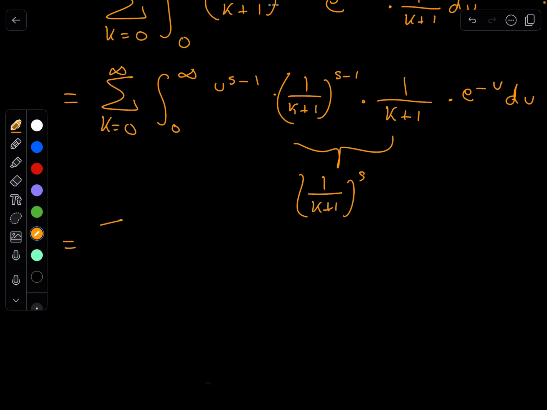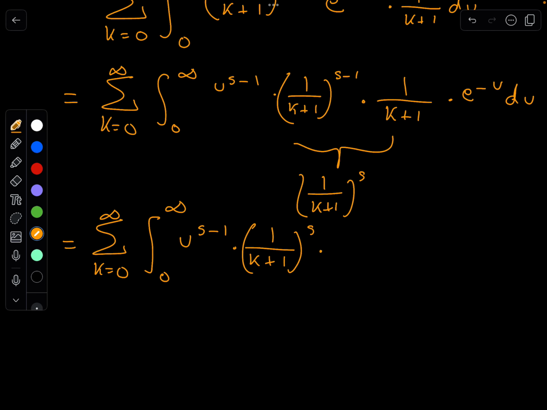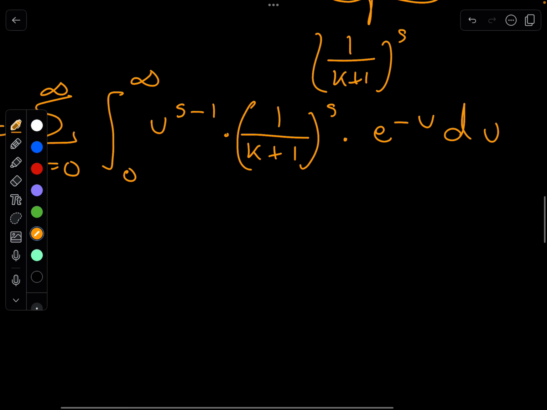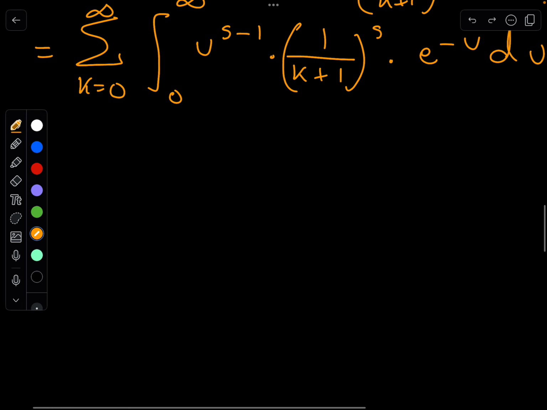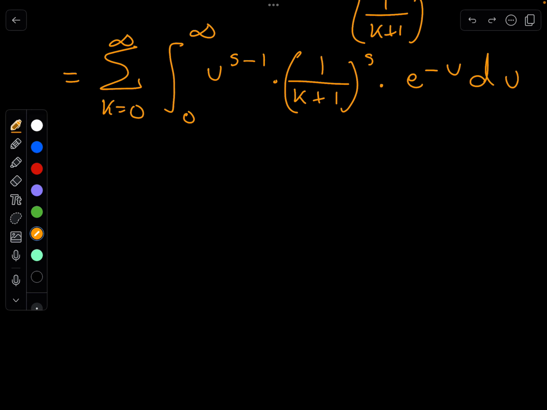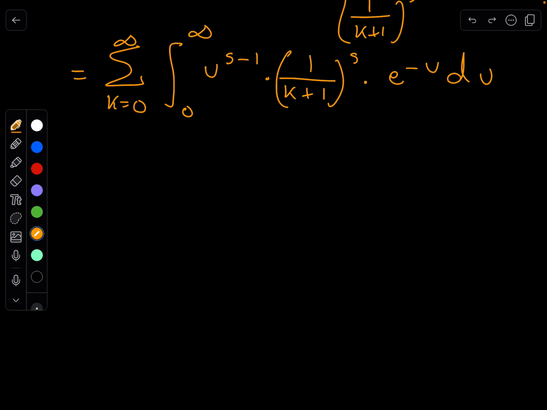So now we have the sum from k equals 0 to infinity of the integral from 0 to infinity of u to the s minus 1 times 1 over k plus 1 to the s times e to the minus u du. Since the integral is in terms of u, and 1 over k plus 1 all to the s is not in terms of u, it being evaluated at any number for k and s, that's just going to be a constant. So we can take it out of the integral.